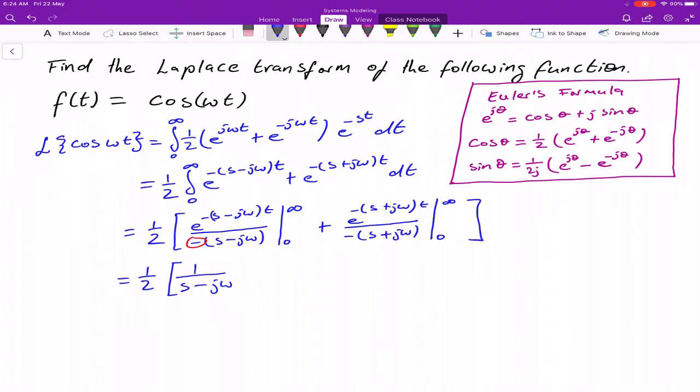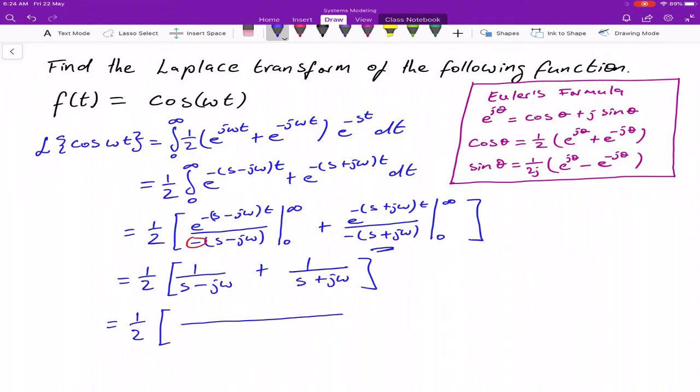Plus, we are working out now, evaluating this. We're going to have 1 over s plus j omega. Okay, we take a half. Don't jump, because if you jump, then probably you won't know where you went wrong.